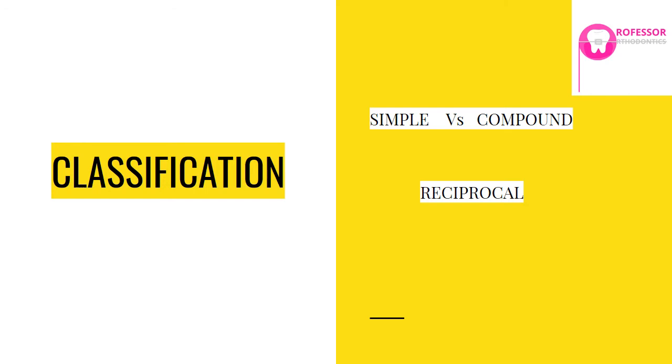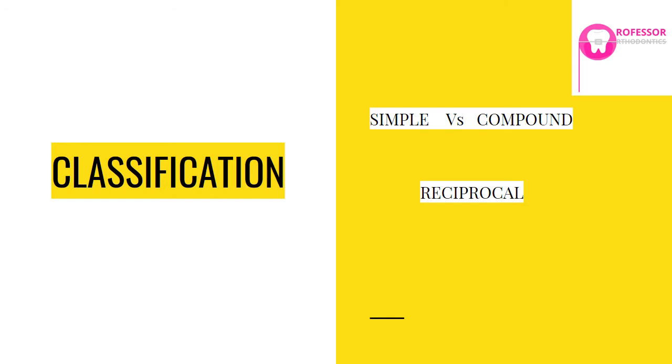You do not have that available naturally in the arch. For example, if you have more posterior teeth, more molars, if instead of one molar you have two molars or three molars, it's definitely increasing the anchorage value of that anchorage unit. Okay, but what if even that will not suffice, or what if it's a patient wherein the second molar is absent, or even the third molar is absent?